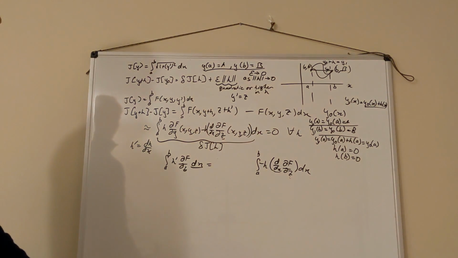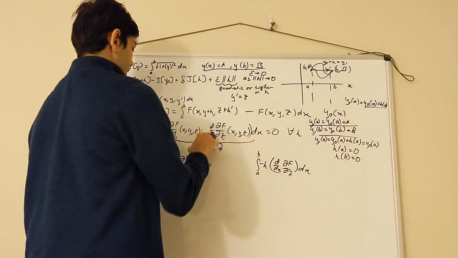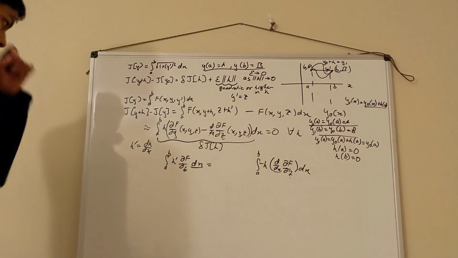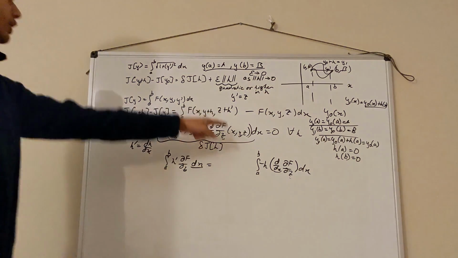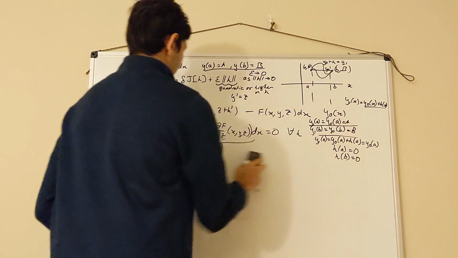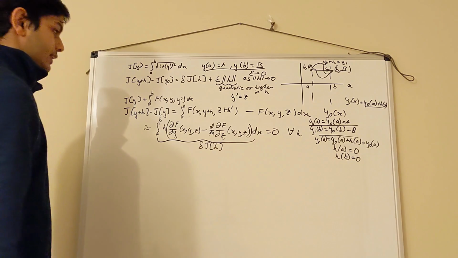Now we can do something further. We can factor out the h from both of these terms, and we can say that this is h times this whole expression. Now for this to be 0 for all h, and I'll explain this further in the errata video, it actually must be true that this inside bit is 0 for all values of x.